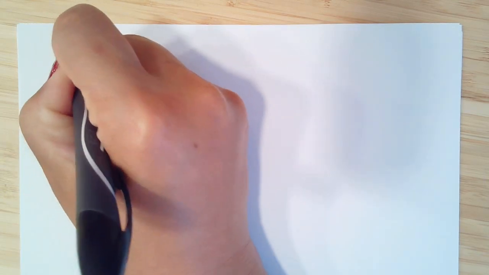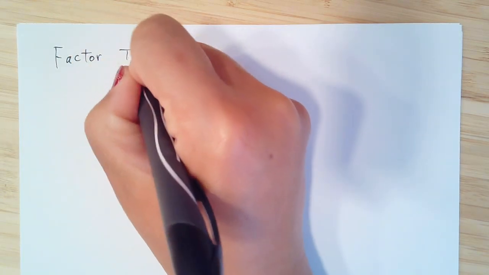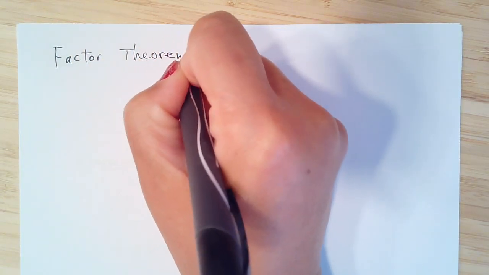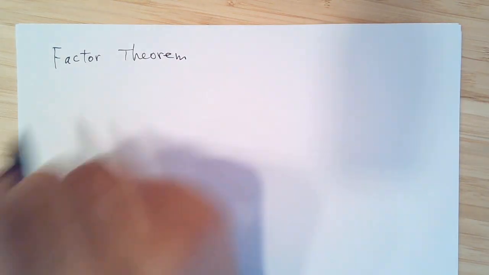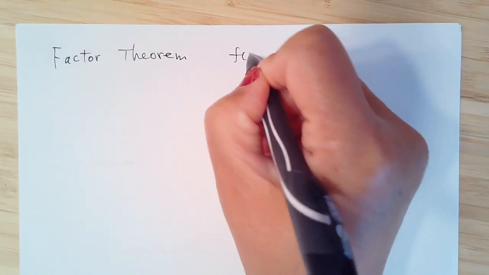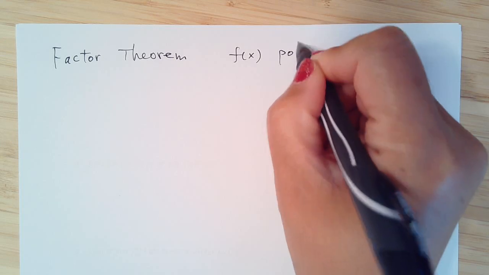And the other theorem we're going to learn is called the factor theorem. Factor theorem says this: f of x, a polynomial.